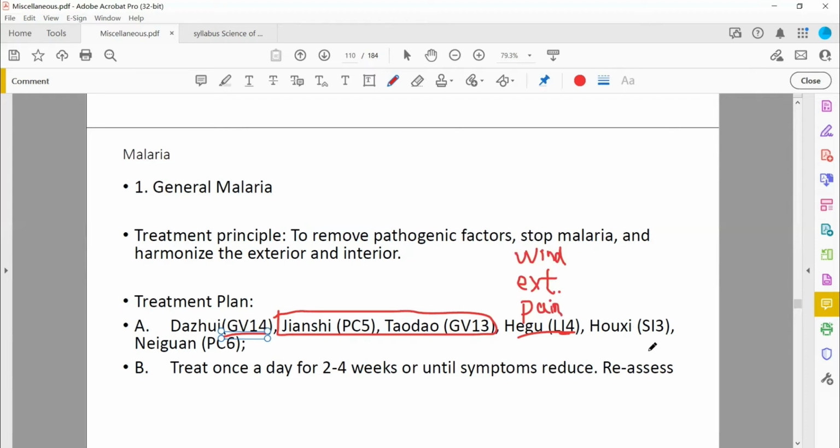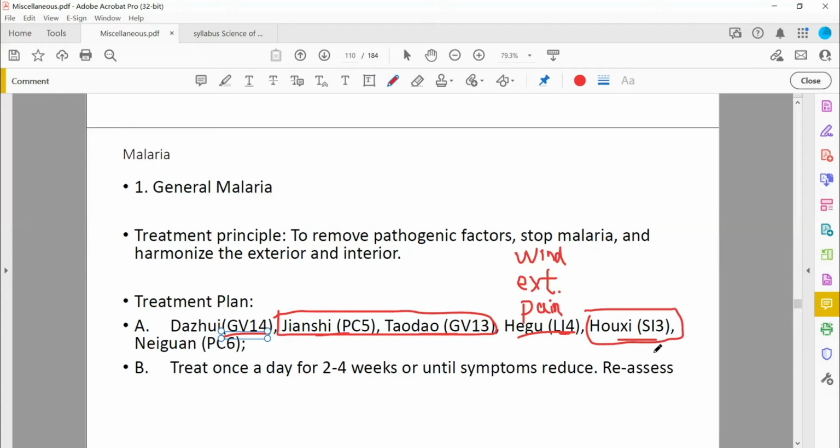SI3, this one can still be used for malaria. Good for malaria. For the heat, still good for the heat, for malaria. Even this one is good for epilepsy, right?